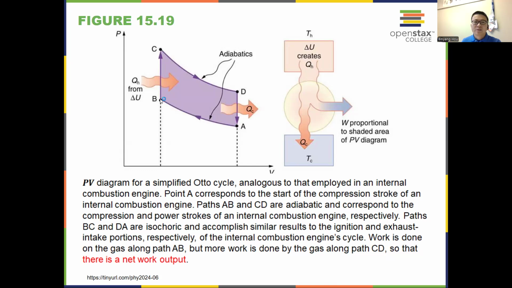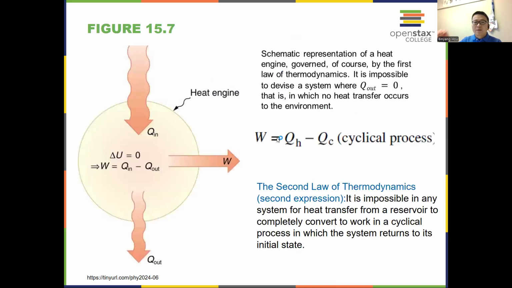So in this case, you can see what we talked about last time. For this cyclic process, the total work done will be equal to the area enclosed by this enclosed path. Okay. So QH, and then W, the area here, and then the QC comes out. All right.